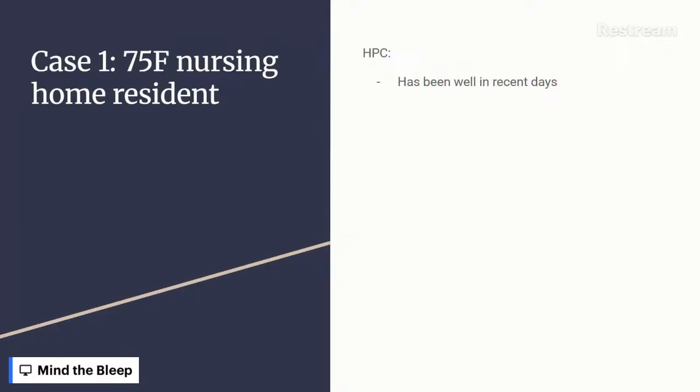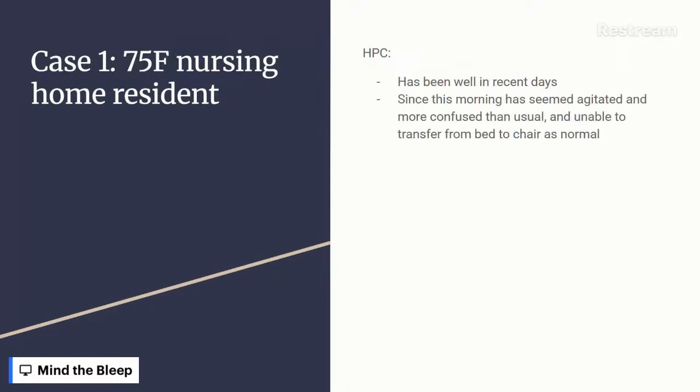What well means differs from person to person, but that's the history you're given. And then this morning, she seemed more agitated and more confused than usual. The fact that this is "than usual" should suggest to you that maybe her baseline is a little bit lower, and it's possible that you're not going to get a full history from her.